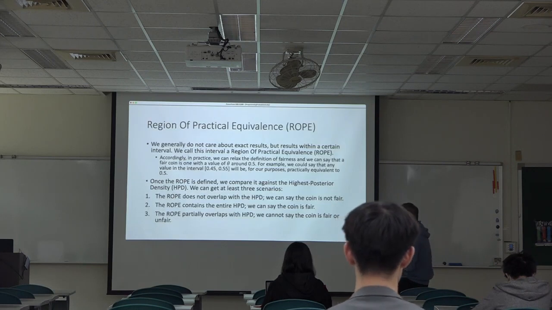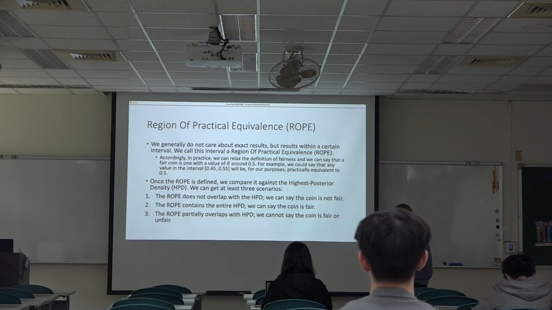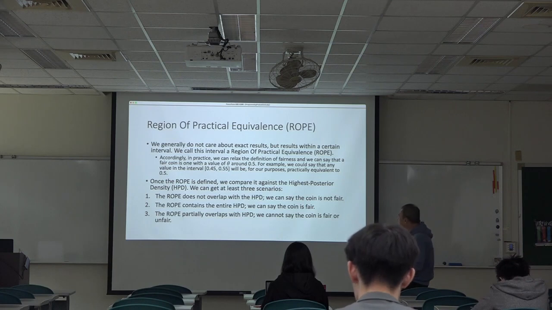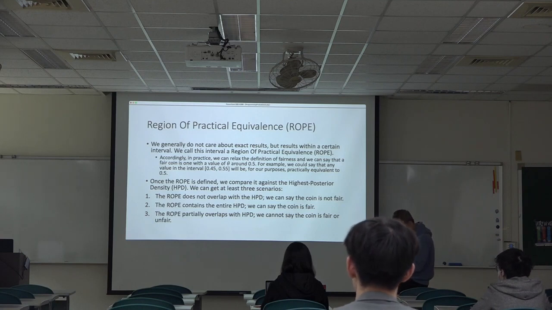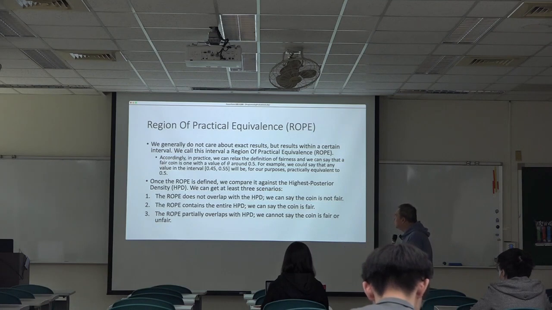Another way to make a decision using the posterior distribution is what we call the region of practical equivalence, which happens to be abbreviated into an interesting term, ROPE. This concept is used in Bayesian data analysis very often.